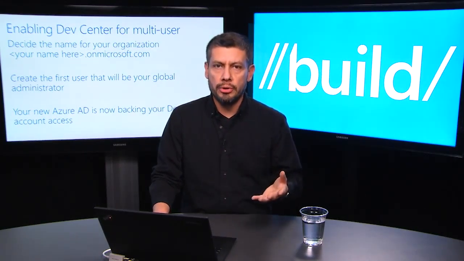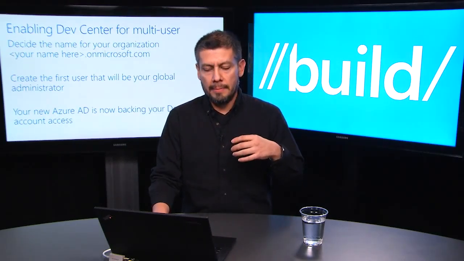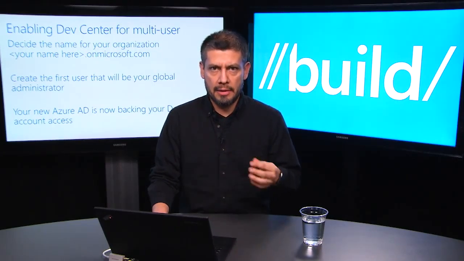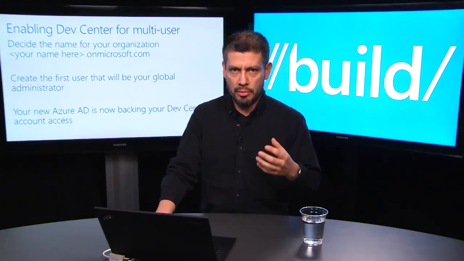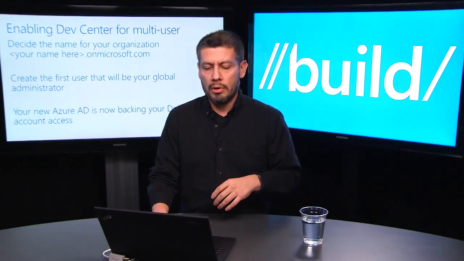The other thing you need to know is that when you create one of these directories, you at least need one user who is a global administrator who can then add more users and control groups and reset passwords and things like that. Once you complete this step, then your account will be backed up by this Azure Active Directory, and you can proceed to manage your users and add them and give them a role and permissions. So we'll go into more detail through the demo.